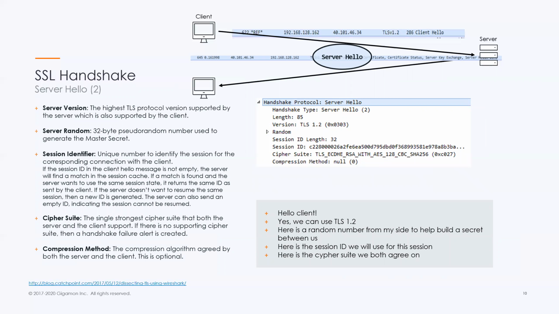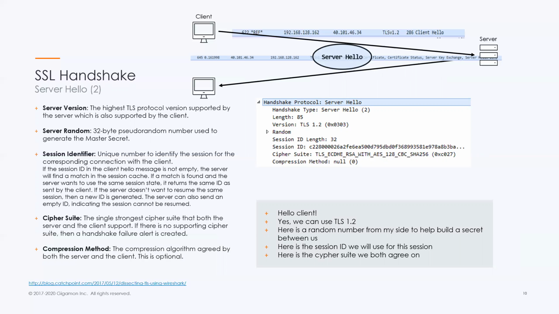The server version: the server hello says this is the TLS version that I can use. So yes, we can use TLS 1.2. Here is my 32-byte pseudo-random number. So now, once this is complete, both sides have a 32-byte pseudo-random number generated by the other.